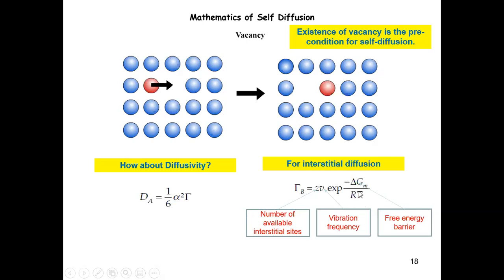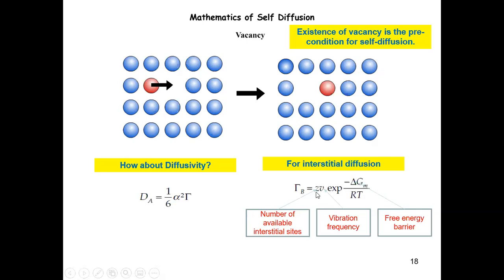You need a large enough energy to go through this barrier, because in the case of interstitial diffusion, the atom has to squeeze through a pair of tightly packed parent atoms, right? And this is going to cost energy, which is given by this delta Gm. Where are you going to get the energy to go over this barrier? The energy that you get is from the thermal fluctuations, which is characterized by this RT term. So this is a Boltzmann factor characterizing that aspect.